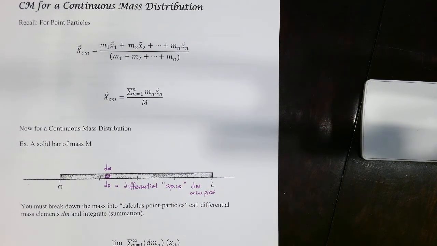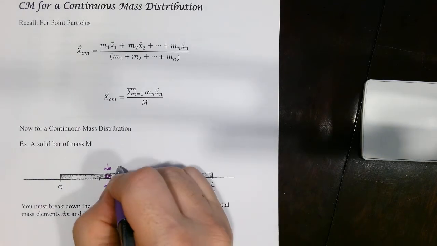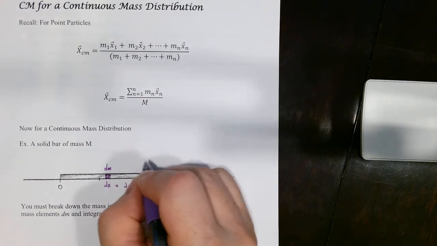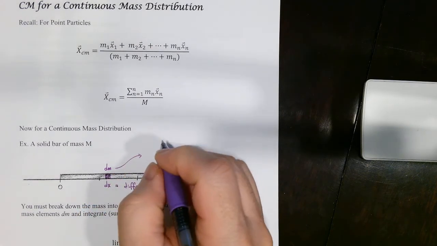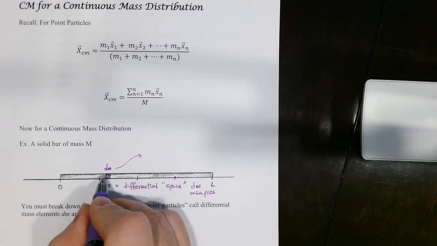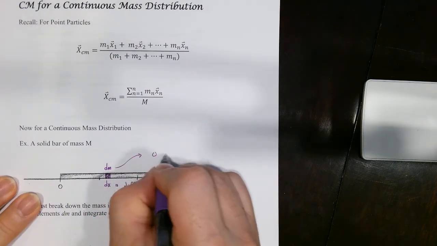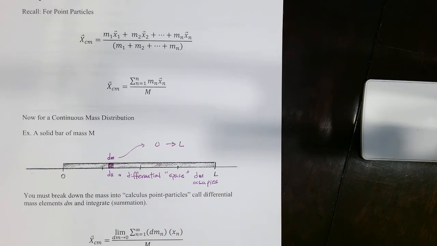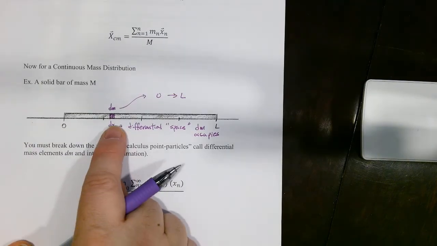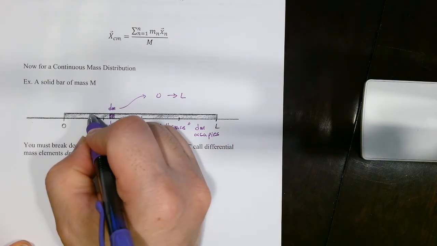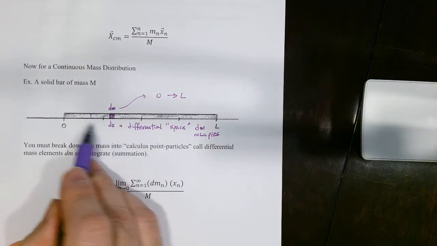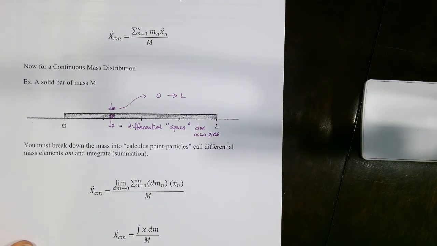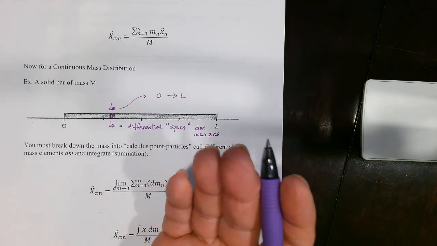And dm, there are an infinite number of dm's from 0 to L. So if we split them up into infinitesimally thin slivers, where the dx approaches 0, then we can actually integrate this thing.